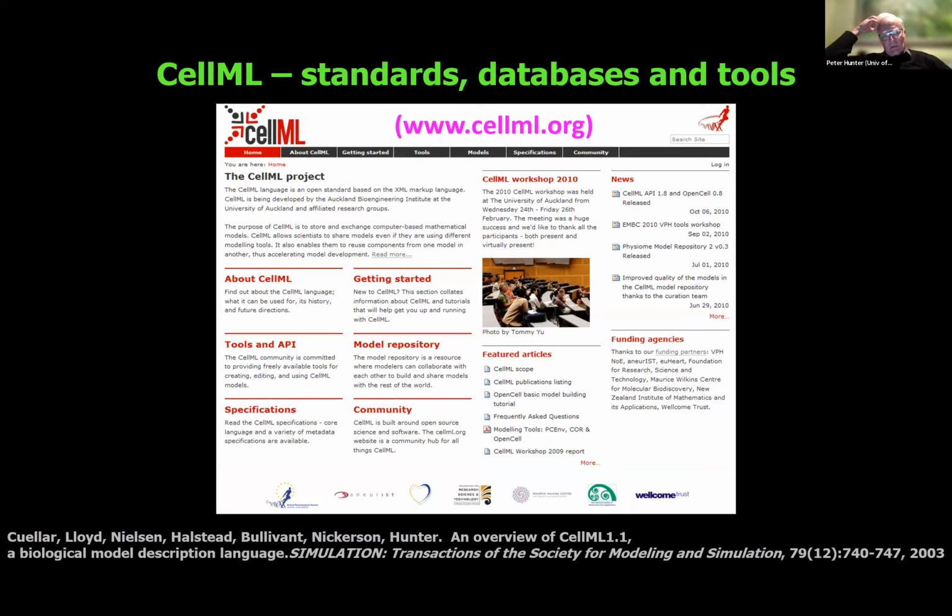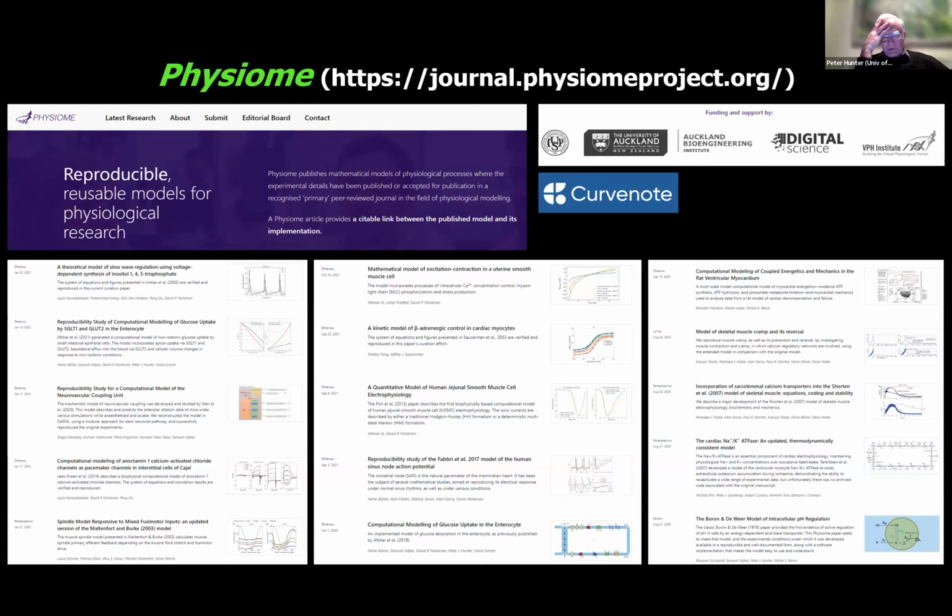It's open access with a very low author charge, and it's still just getting off the ground, but there are about 20 papers there now which you can look at, which demonstrate what we're trying to do in terms of curation, documentation, etc., around the models.